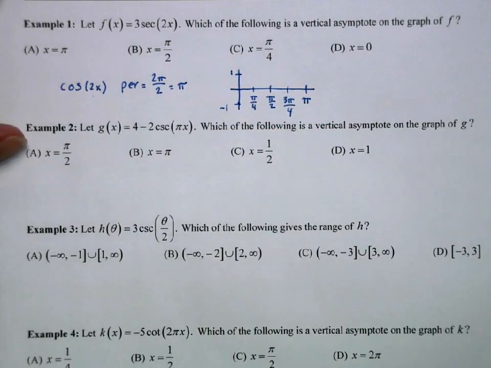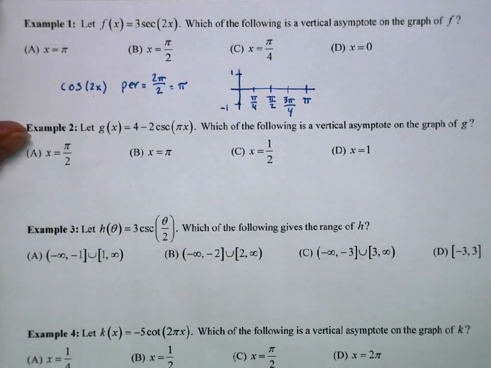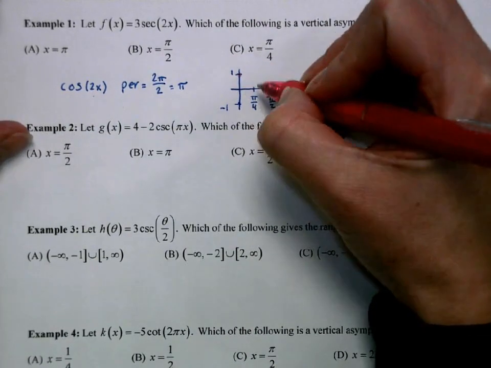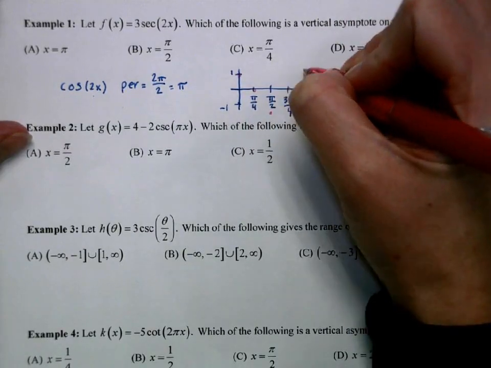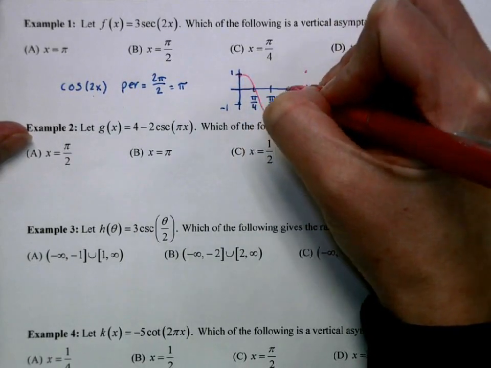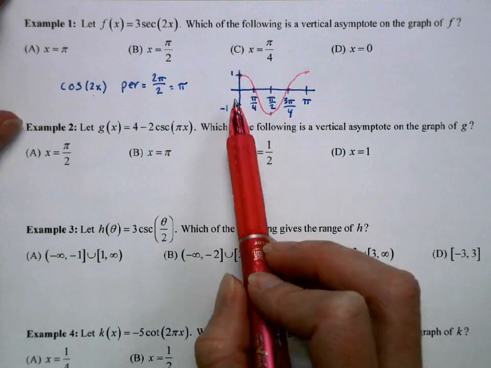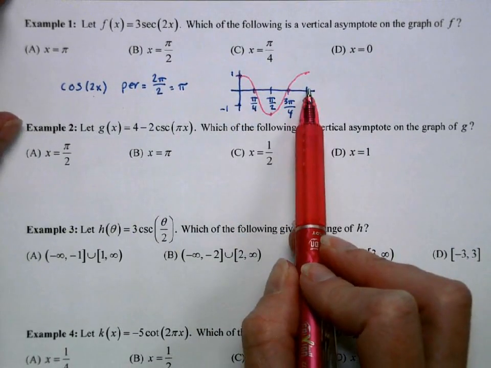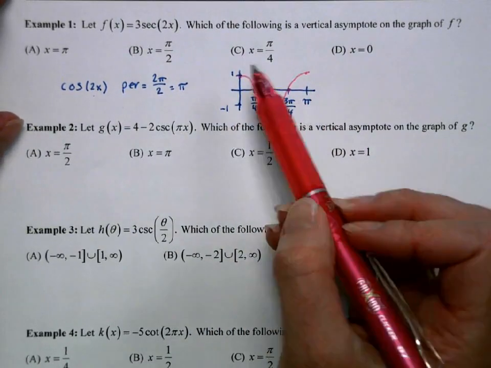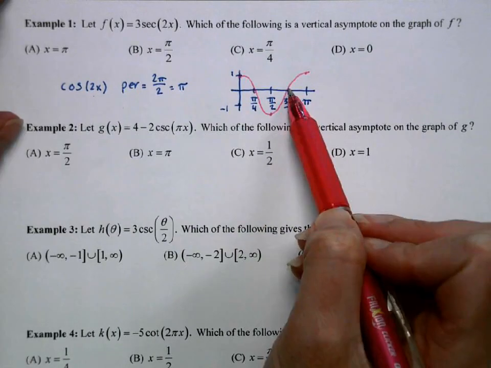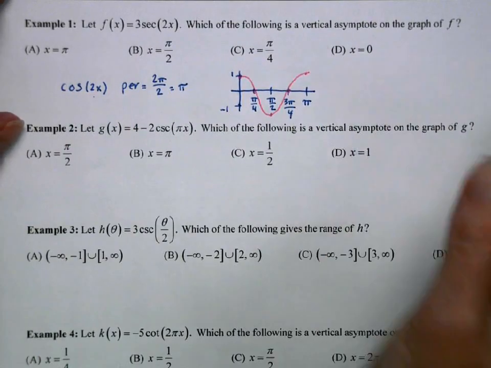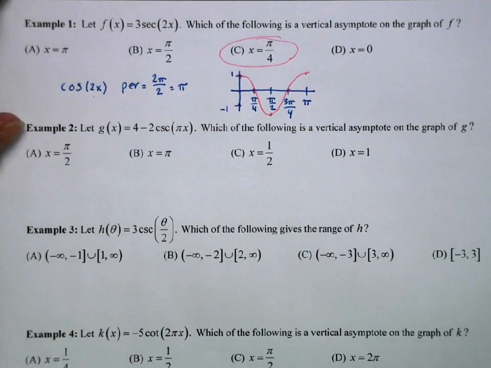And we're graphing a cosine graph. Cosine starts at the maximum. There's an infinite number of vertical asymptotes, but anytime this is 0, we're going to have one. So we're going to have one at pi over 4, 3 pi over 4. Looking at my multiple choice answers, pi over 4 is one of them.